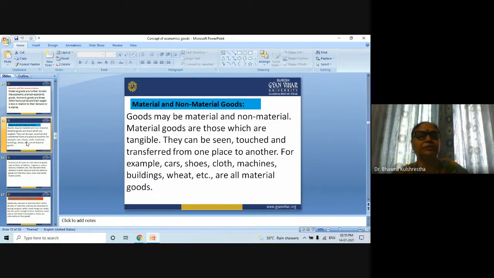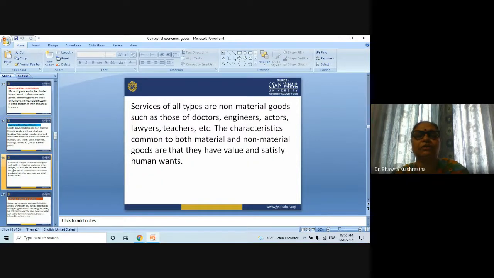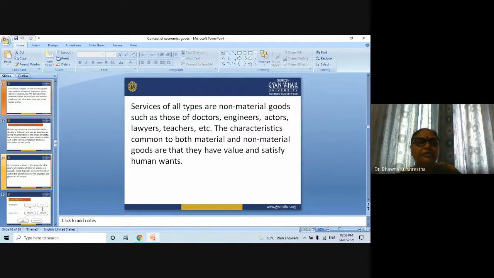In this way, the services of all types are non material goods, such as those of doctors, engineers, actors, lawyers, teachers, etc. The characteristics common to both material and non material goods are that they have value and satisfy human wants.